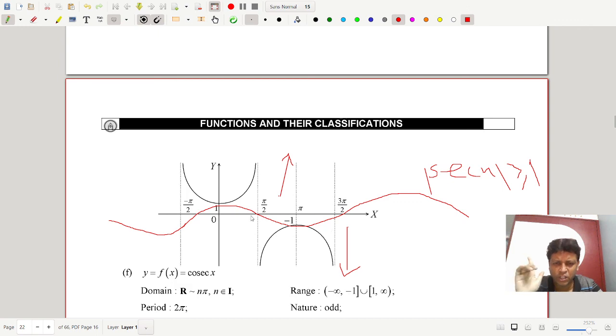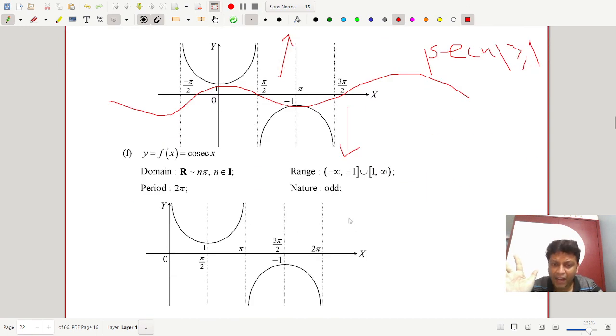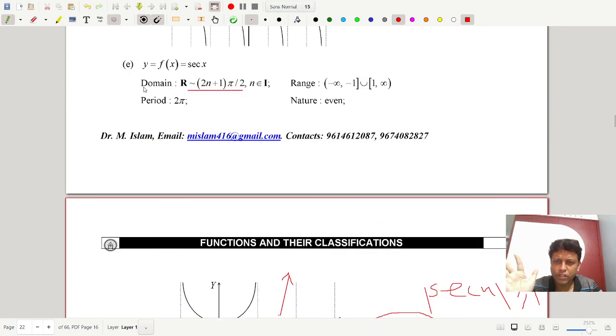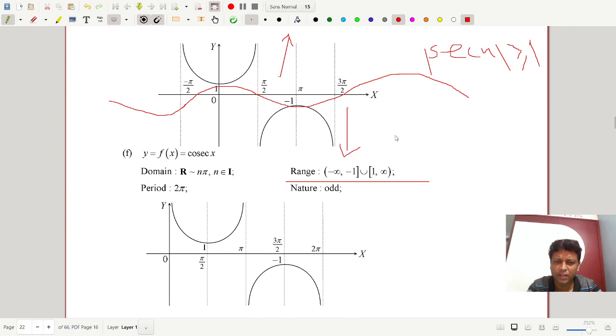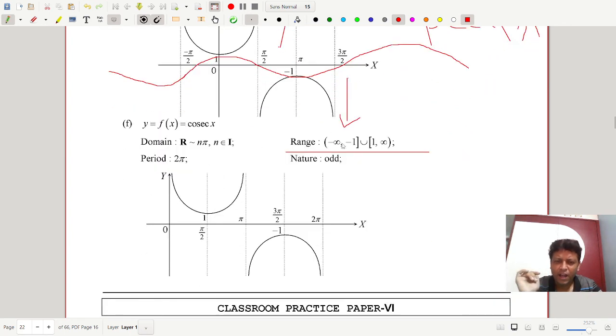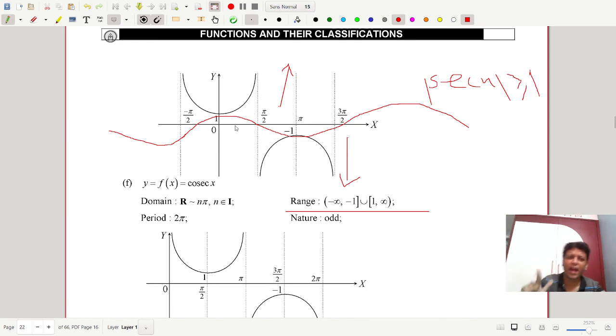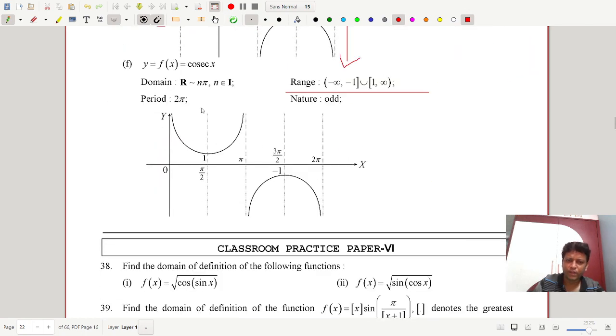That is the range. This is very, very important for sec and cosec also. So this is the domain and this is the range, period is 2 pi. And nature is even for sec, and for cosec it is odd. So the most important thing is that it is greater than or equal to 1 and less than or equal to minus 1. Both.